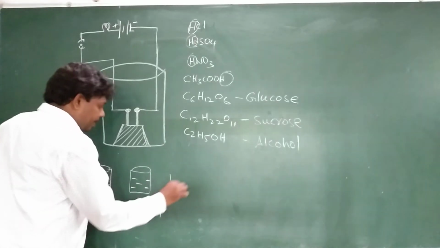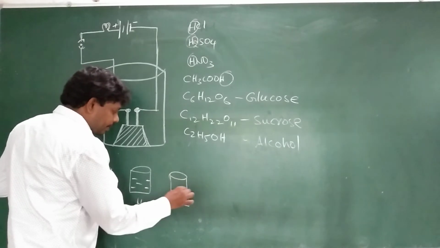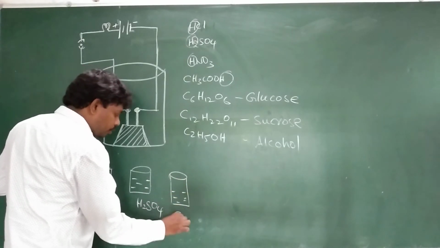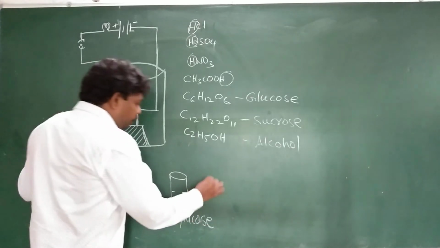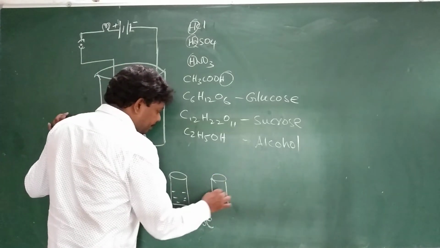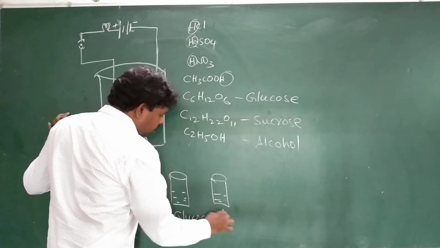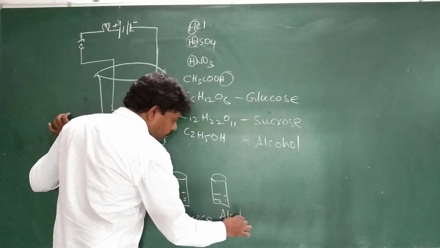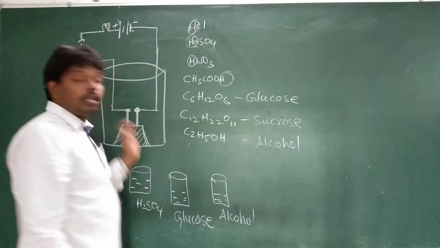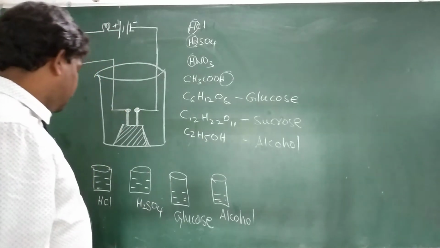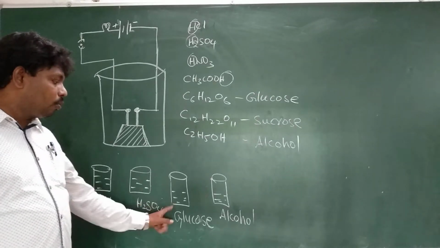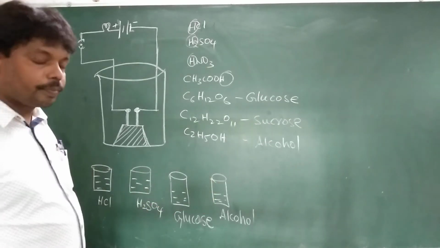In the third beaker, glucose solution. In the fourth beaker, alcohol solution. So I prepared the four solutions: HCl, H2SO4, glucose, and alcohol.